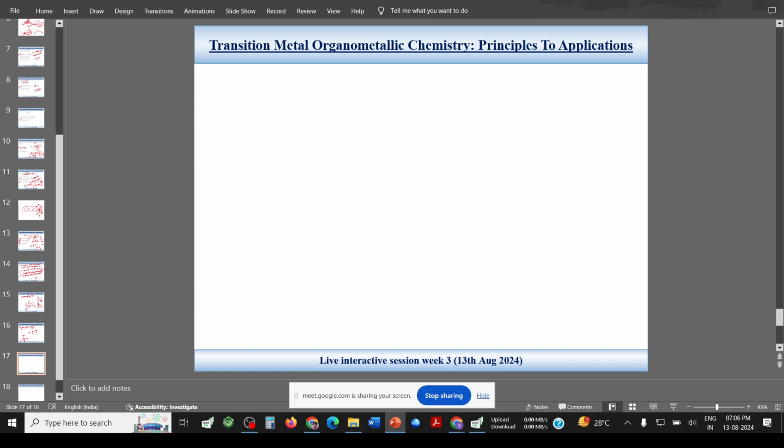For example, if we have an alkane like CH4, using CO we can convert it to CH3COOH or CH3CHO, the aldehyde, which can be further converted to value added products.